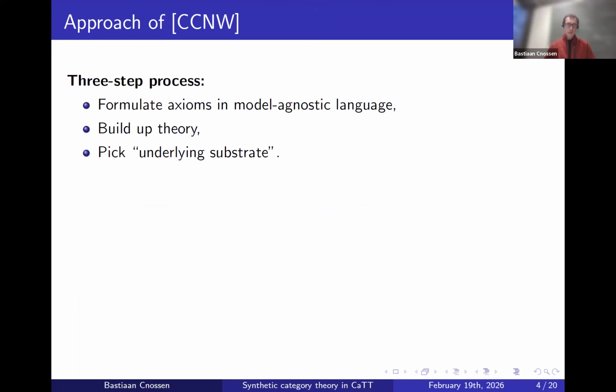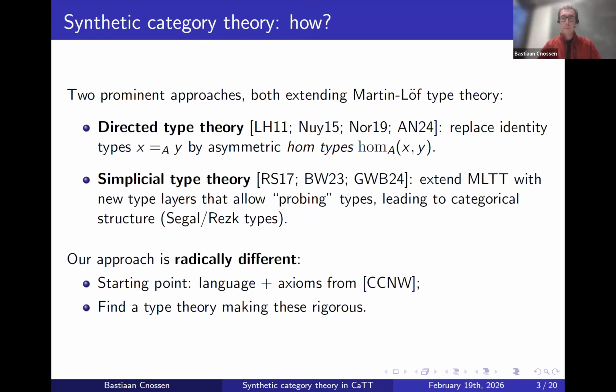Bastiaan, before you go on, can I clarify? So you were making the point that associativity of function composition, maybe thought of as functor composition between infinity groupoids in Martin-Löf type theory, is too strict.